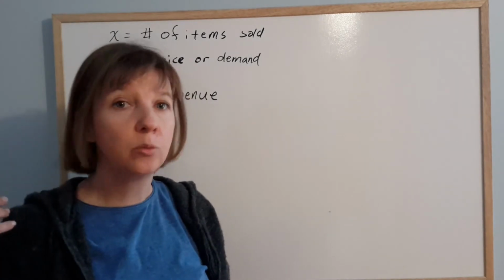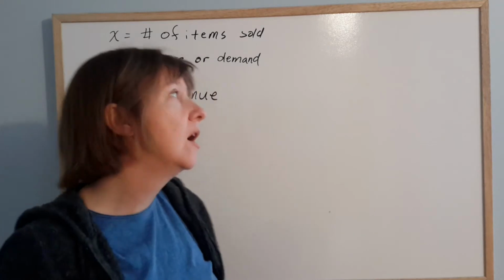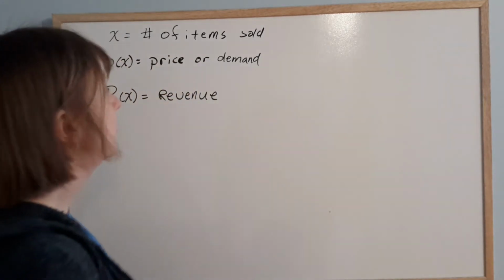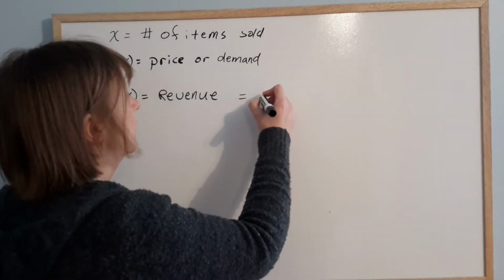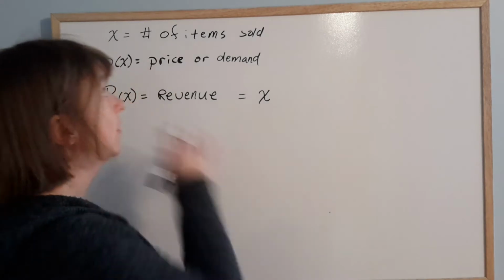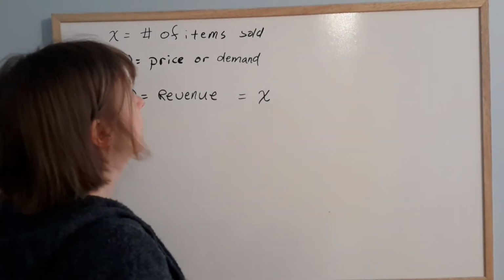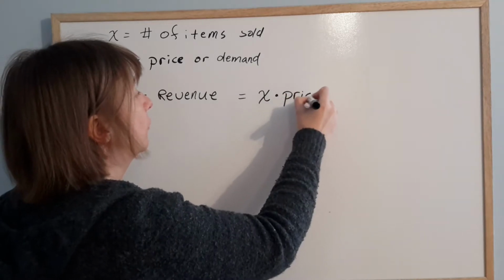So if I sell 20 t-shirts at $10, my revenue is $200. There's a way to figure that out, and that is the number of items sold, which would be X, times your price formula.